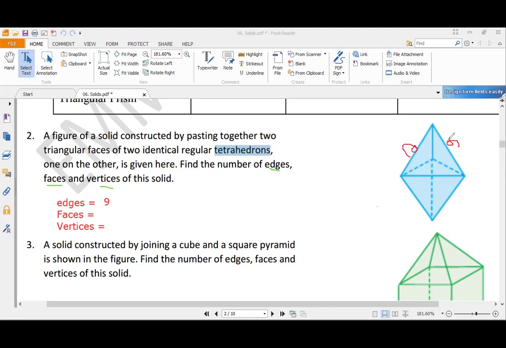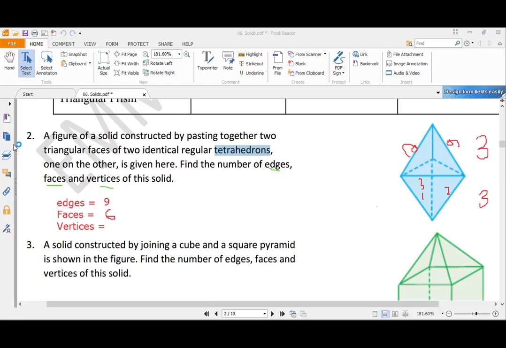So there are three faces on the top, and likewise you have 1, 2, and 3 faces on the below side as well. Altogether there are 6 faces.